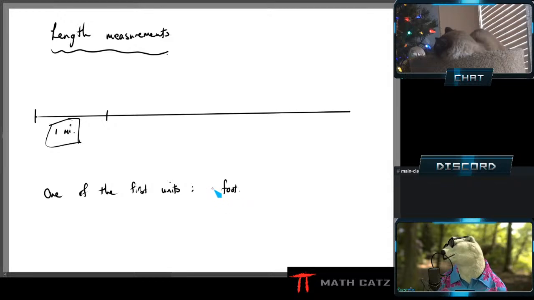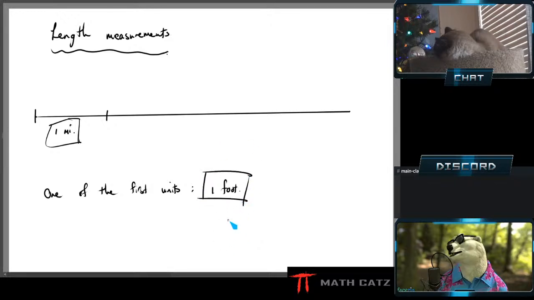But of course, soon they would realize that maybe with the next generation, the next king has a different size foot. And now what I used to say a generation ago doesn't carry the exact same meaning anymore. So they soon had to standardize the meaning of this 1 foot unit.